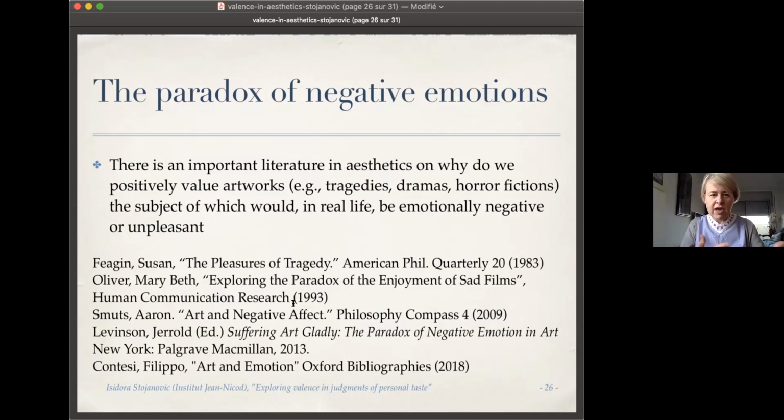There are some very nice interactions, but the way I see it, addressing the question of how statements involving a certain type of negative expressions give rise to positive evaluations requires both work on understanding how negative emotions per se can make us appreciate and value artwork, which is something you can think about even if you are not looking at language at all, and then questions about how using a negatively valenced expression gives rise to a positive evaluation.